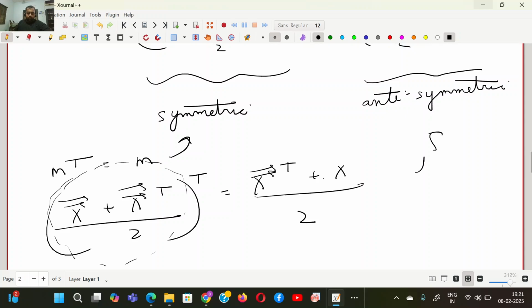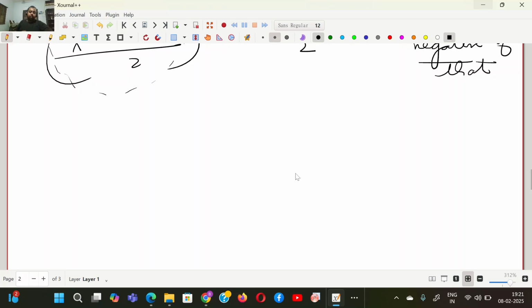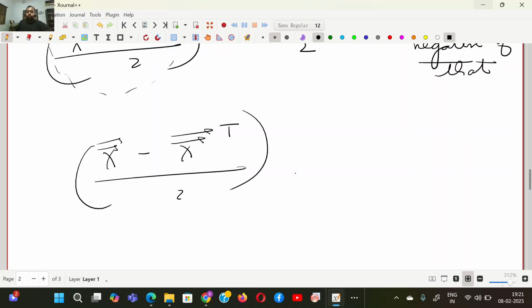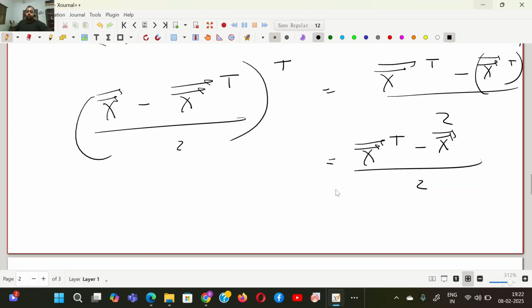Anti-symmetric means that the transpose becomes the negative of that. For instance, here it is x minus x transpose by 2. If I do the transpose of this, what do you get? x transpose minus x transpose of transpose by 2. Transpose of transpose is just x. So it reduces to x transpose minus x by 2. And if you see, this is just the negative of this term.